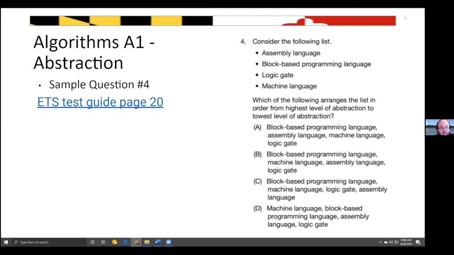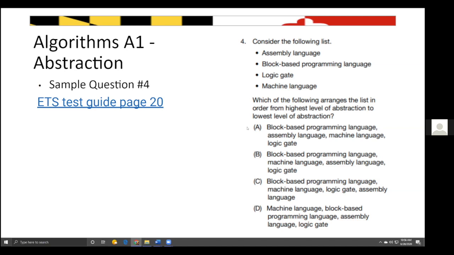Okay, anybody think they know the answer? So keywords up here is highest to lowest. It might be easy to reverse that and think lowest to highest. Okay. We have a vote for A. Anybody else? Agree, disagree? I was thinking that machine language is machine specific and assembly is non-machine specific.